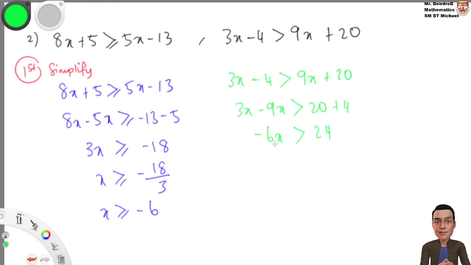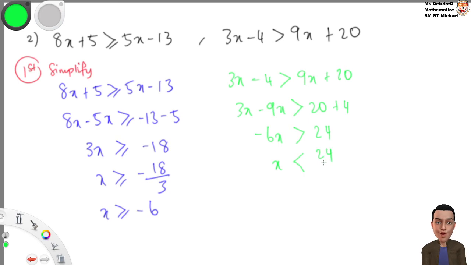And then you want to move negative 6. Again, what you have learned before: for division and multiplication, whenever you move a negative value, you have to change the direction of the inequality. Since this one is negative 6, if you move it to the right side, the direction of the inequality changes.